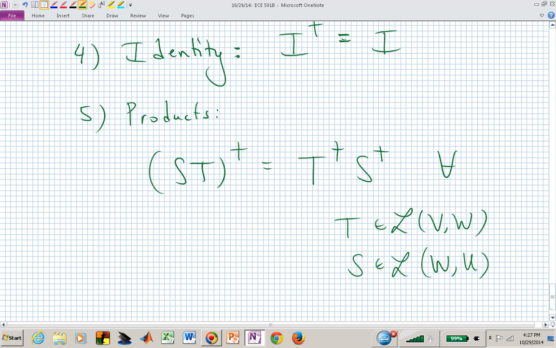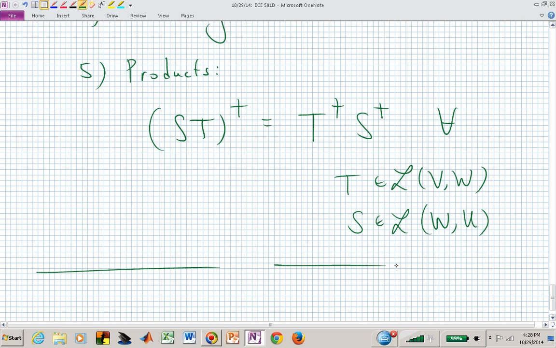Meaning if you now have two linear maps and you concatenate those or cascade those, T could go from V to W, and now you have another linear map applied to the result of that first map. The first map resulted in being in the vector space W. Now you go into something in U. Now you would have to keep track of what those adjoints map to, but you essentially have to make sure that if you applied the adjoint of ST to ST, you better get back the identity.